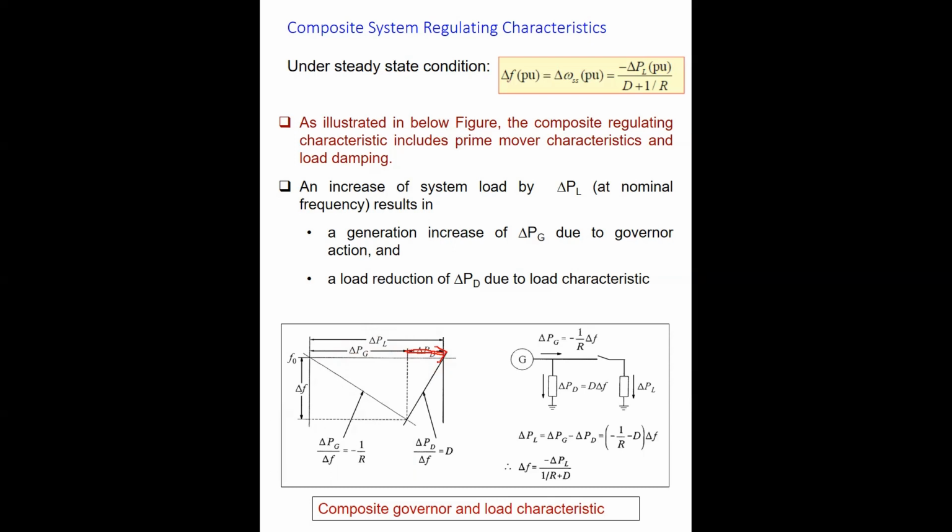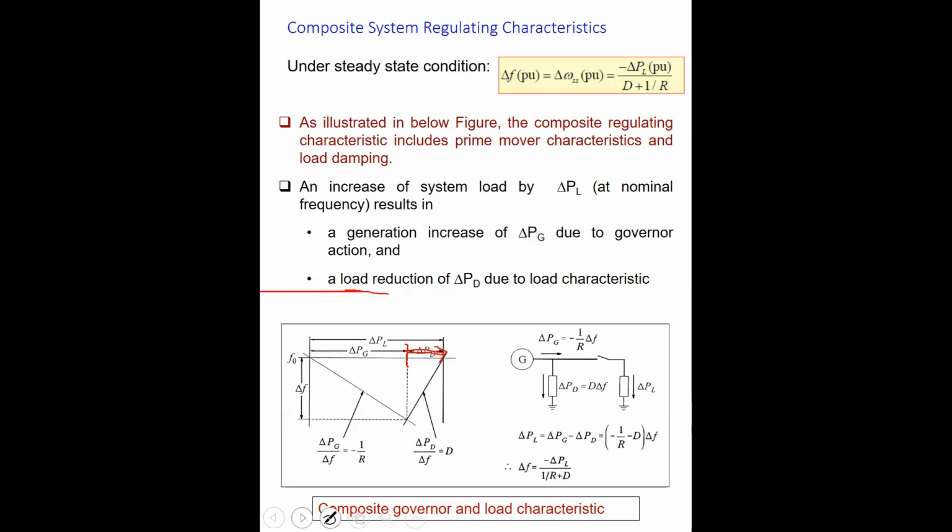But because of frequency sensitive load, the output power from the generator which is required is only up to this value here. So it is said that because of frequency sensitive load, there is a load reduction.